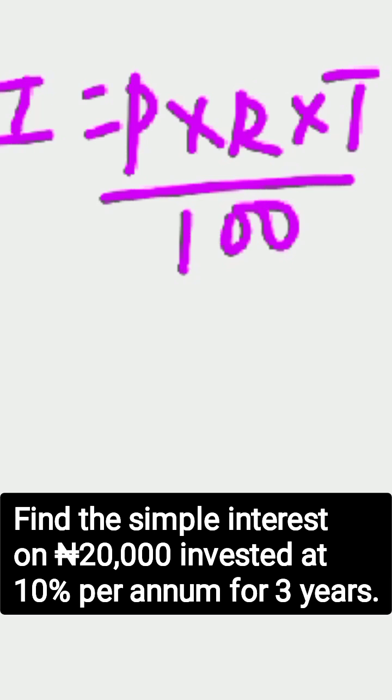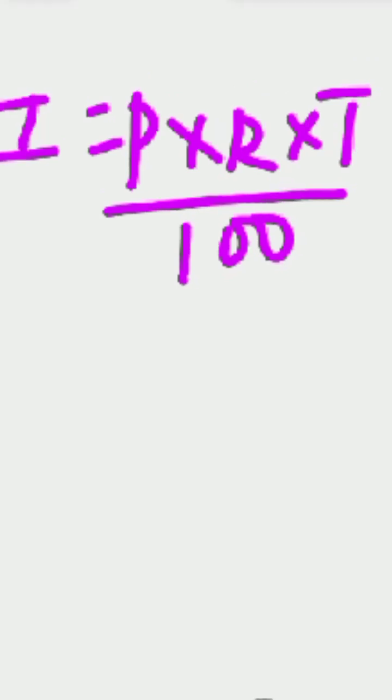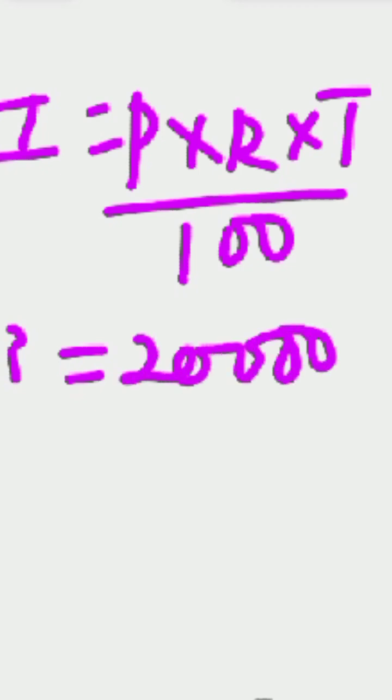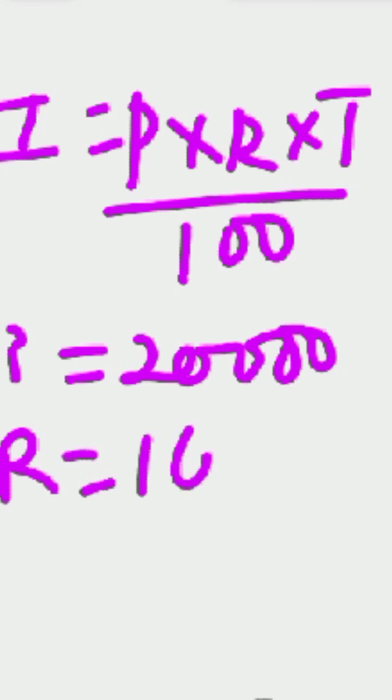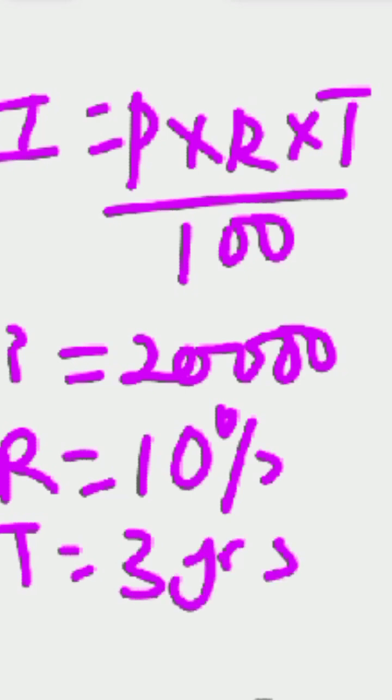Here our principal is 20,000. P is equal to 20,000. Our rate, which is R, is 10%. Our T is equal to 3 years. To calculate the simple interest, we substitute the values for P, R and T into the formula and solve.